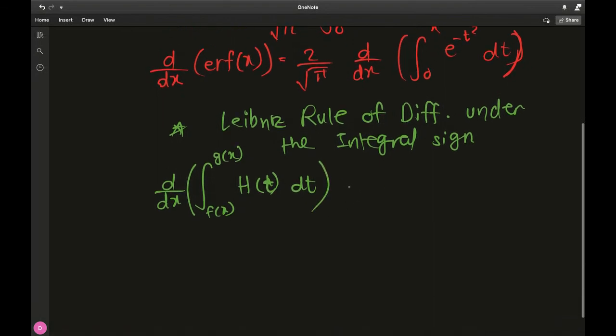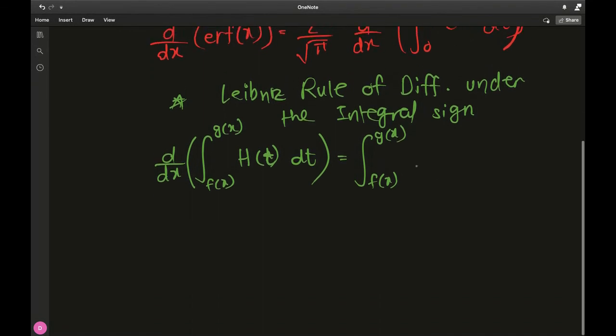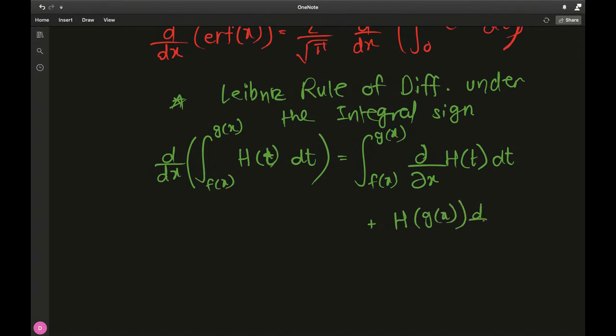So by the Leibniz rule, that is going to be the integral from f of x to g of x of the partial derivative with respect to x of H of x, t, dt, plus H of g of x times the derivative with respect to x of g of x, minus H of f of x times the derivative with respect to x of the lower bound f of x.